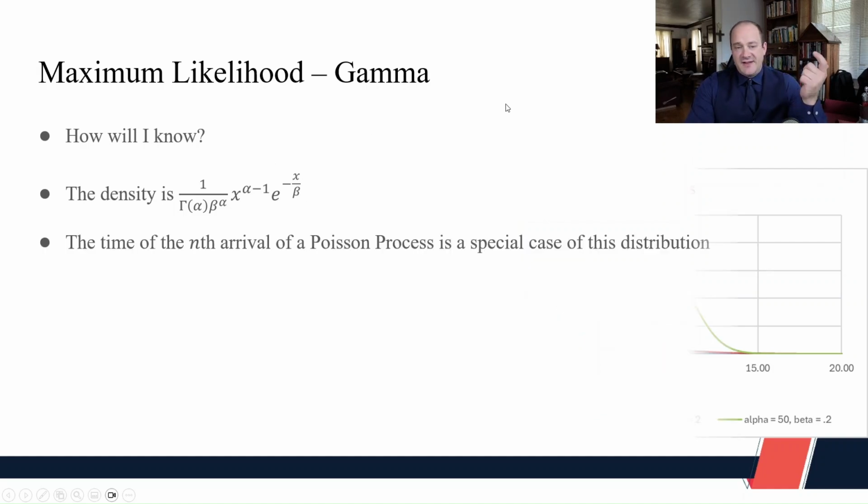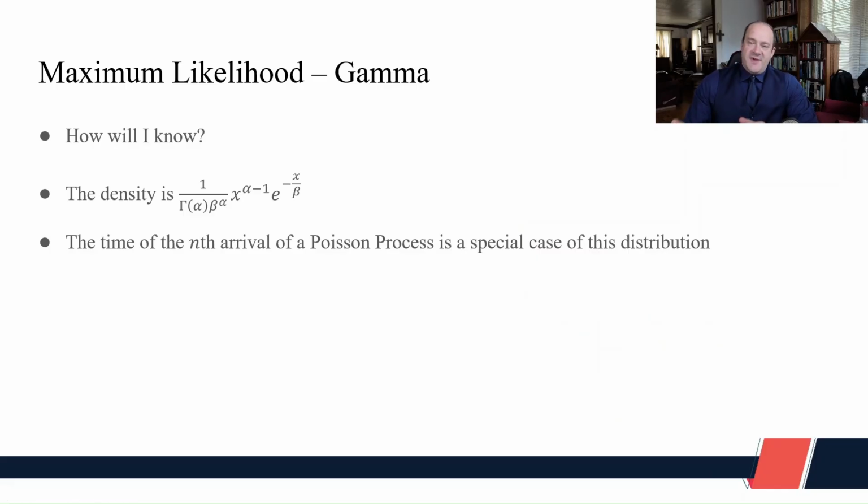At least in one case, going back to the Poisson process from the previous slide, if instead of thinking about the number of arrivals in any interval of time, you think about when the time of the nth arrival is going to take place, it turns out that question, when does the 100th customer come in, has a gamma distribution as its answer. And so the gamma distribution generalizes the distribution which is the answer to this question.